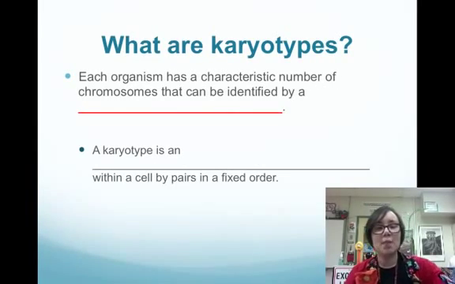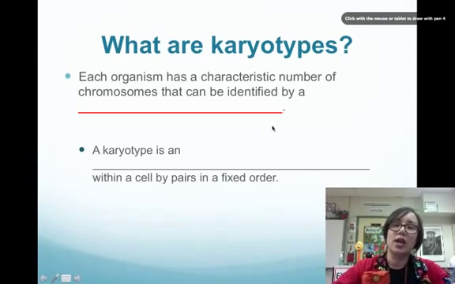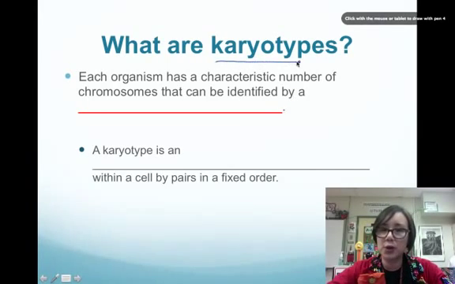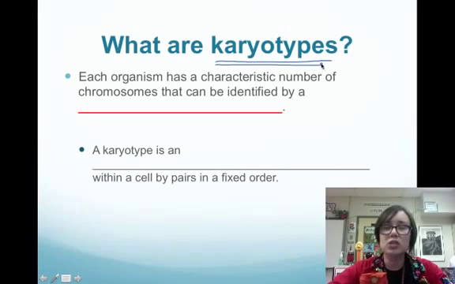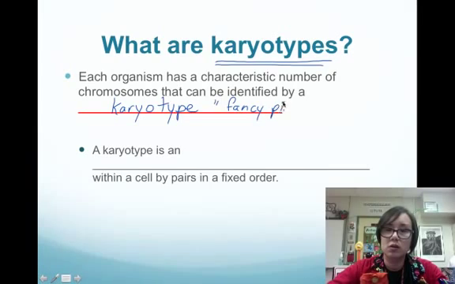All right, our next topic that we're going to talk about are karyotypes. This is a really weird word, so let's talk about it. All living organisms have a characteristic number of chromosomes that can be identified by something called a karyotype. A karyotype is really just a fancy picture of chromosomes.